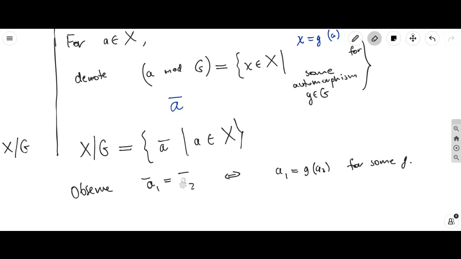So two elements will generate the same mod class if one is the translate of the other. So that's the way we define X mod G.